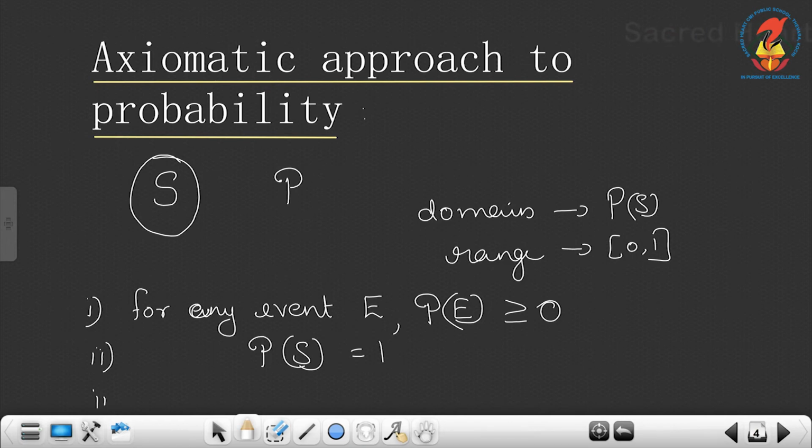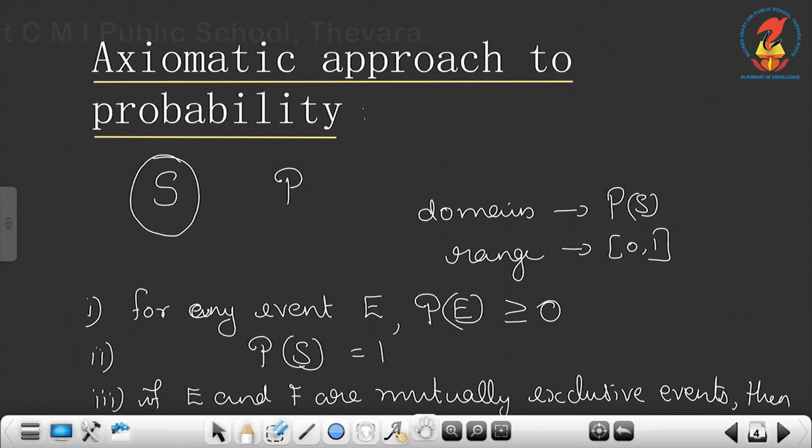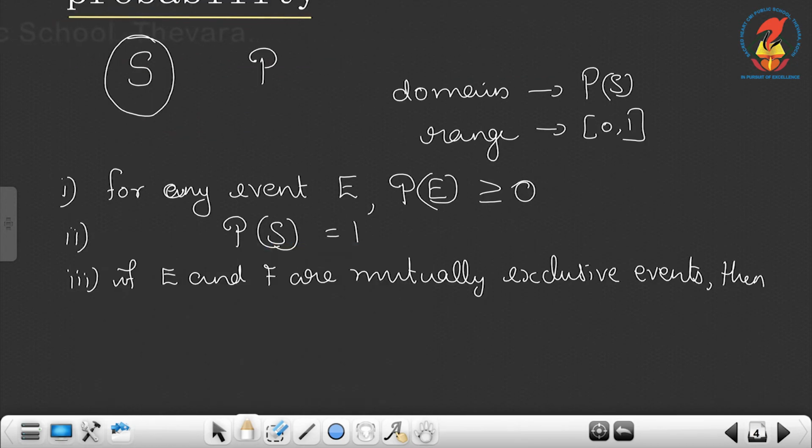Then the third axiom is, if E and F are mutually exclusive events, then, mutually exclusive means the intersection is the null set, or probability equal to 0.